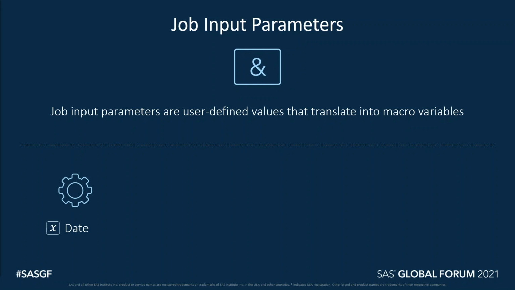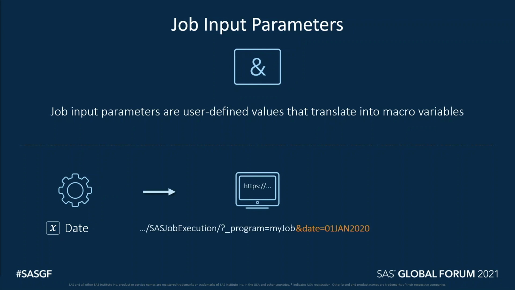For example, let's say we've got a job with a parameter named date defined in it. A user goes to the job execution URL, runs a program called myJob, and then changes the date parameter within it. When the job runs, we can access date as a macro variable, and it will come out as 01Jan2020. This is how you'll modify your data.